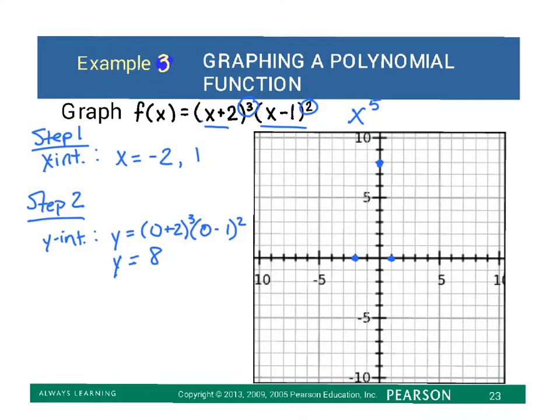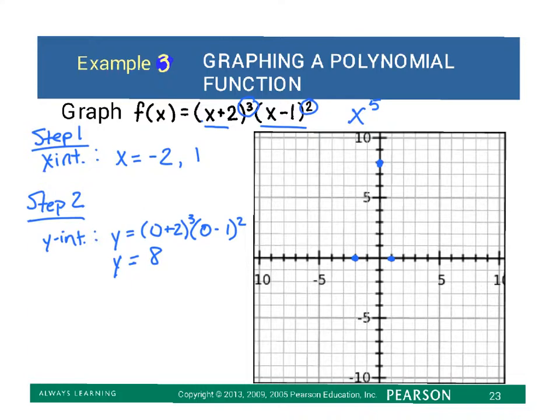Now, how it crosses the x-axis is determined by the multiplicity of each of these factors. So where it crosses the x-axis at -2 is determined by this multiplicity right here, 3. If it's odd degree, remember, and it's greater than 1, it's going to wiggle across the graph.